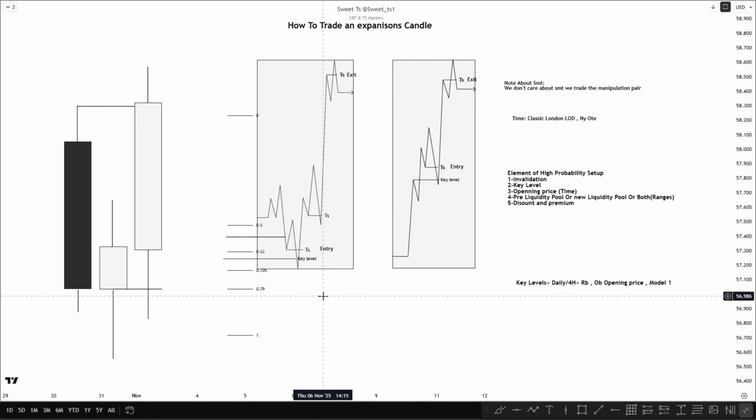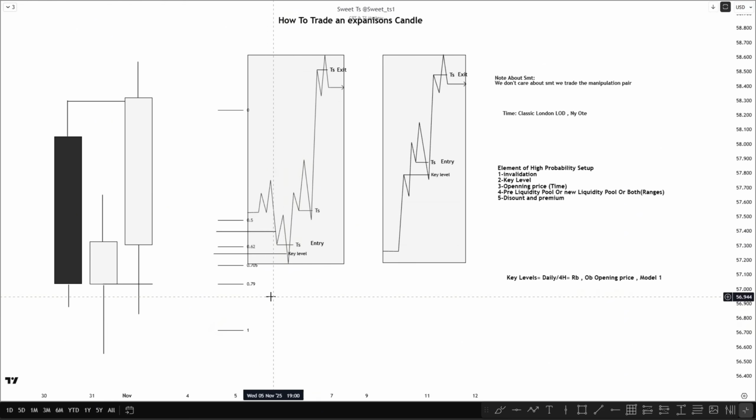And we also need a pre-liquidity pool or new liquidity pool or both, which is what I explained before. So you draw your fib, and also you need the discount and premium of the previous candle, which is this specific candle.